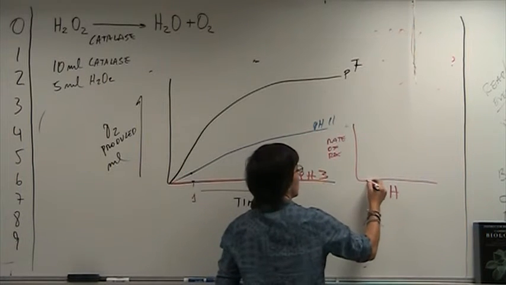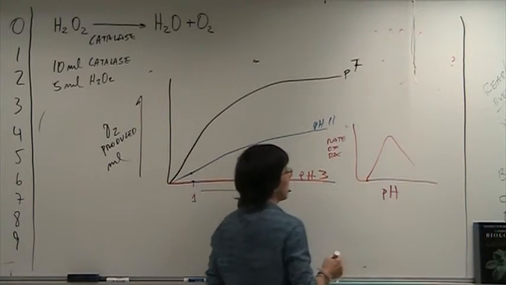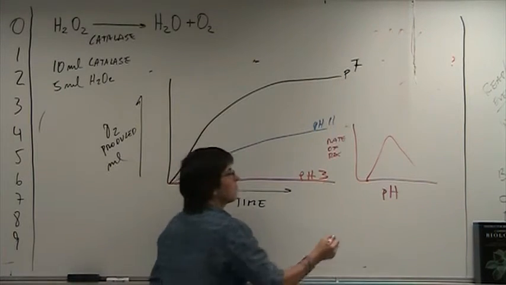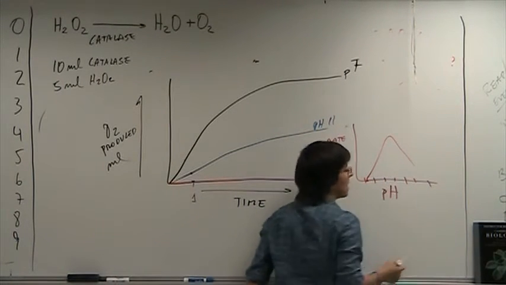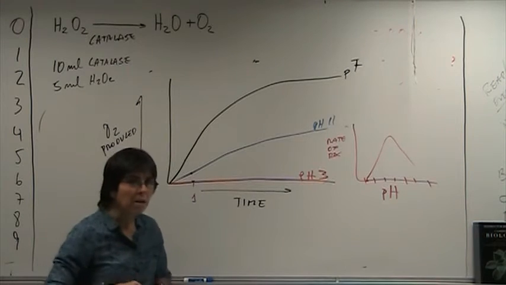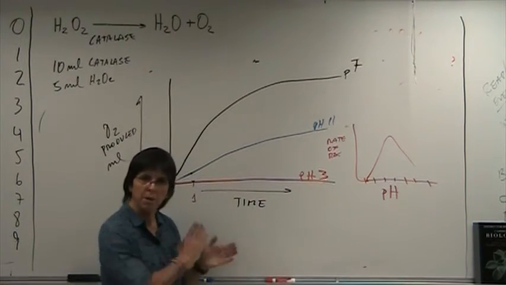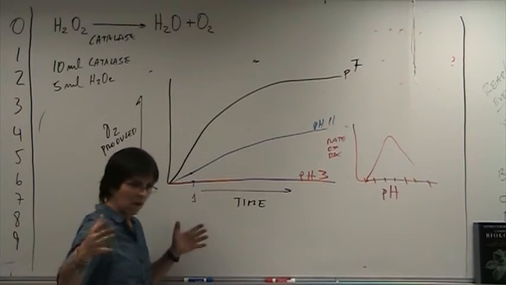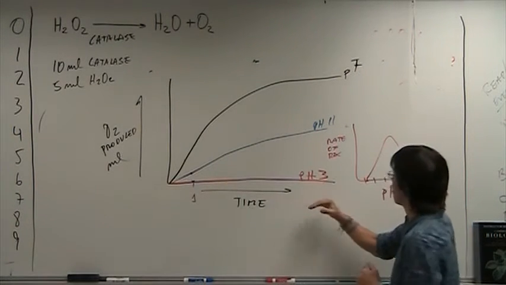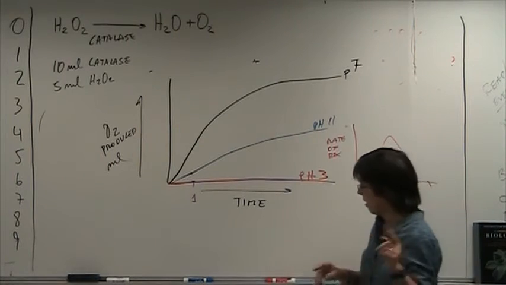So you're going to get something like that. Please make sure that you are scaling properly. These are not bar graphs, these are continuous measurements. If we had time, we could always measure every single pH, how it affects the enzymes. So they are all nicely scaled.